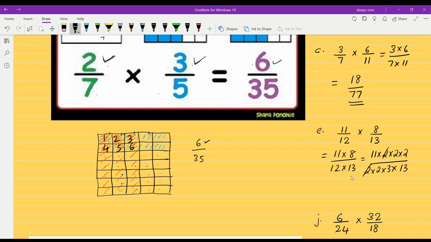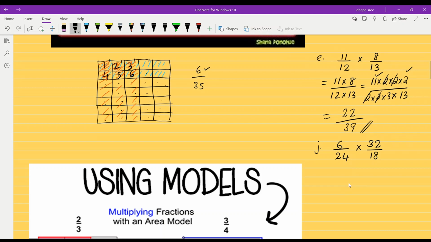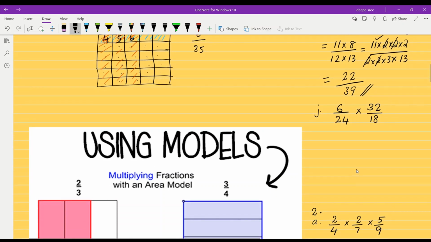Now the common factors we can cancel. So left out numbers 11 and 2 multiplying you will get 22, and 13 and 3 multiplying you will get 39. So children, please follow this method so that you will not make mistake. You will get the correct answer.